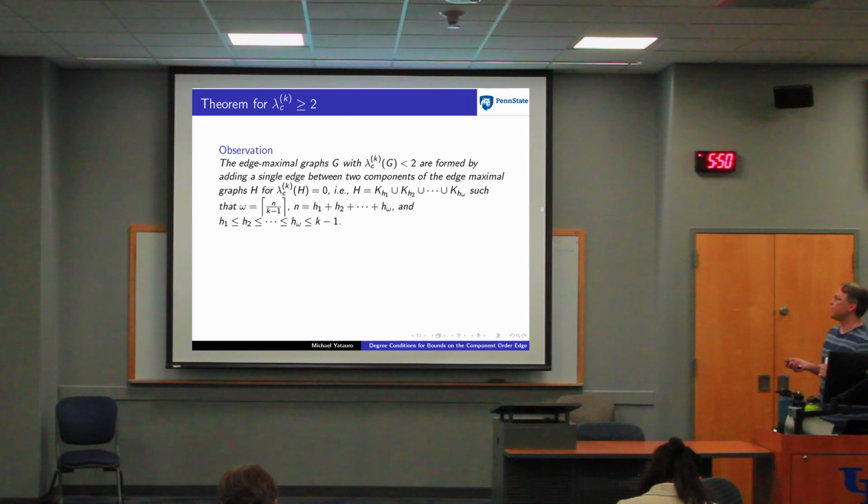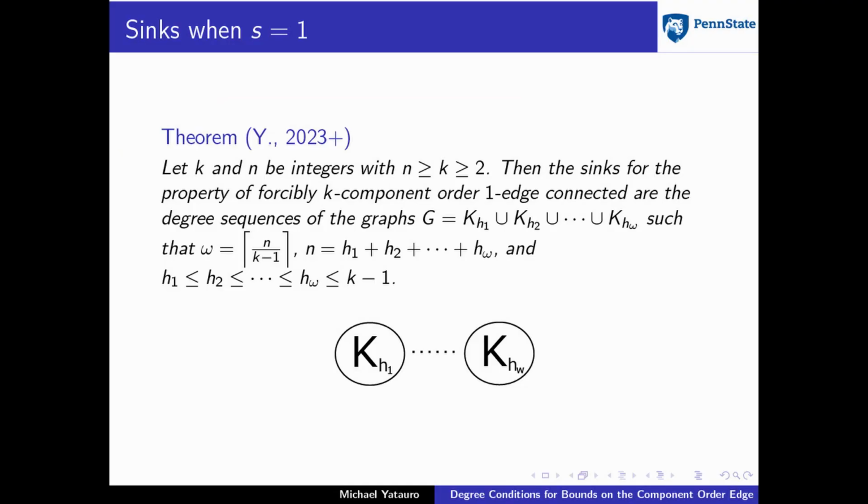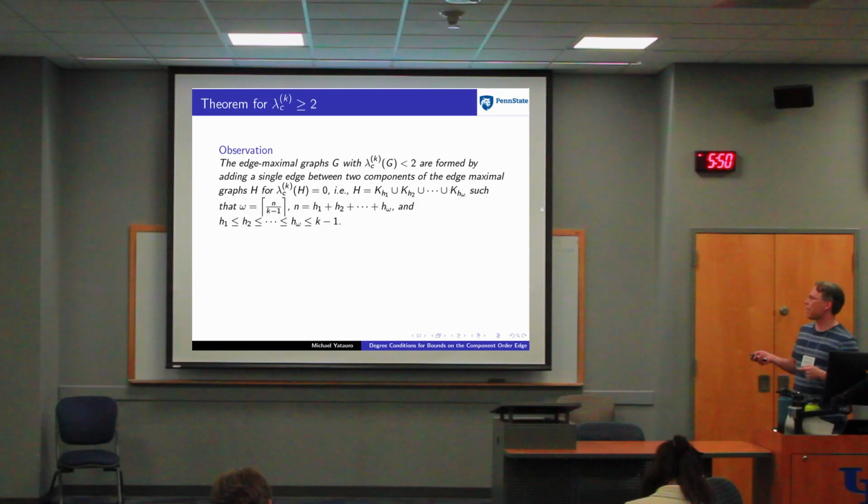So those would be the edge maximal graphs, where you add 1 edge to those graphs that are just separate connected graphs, or the separate complete graphs from here. Just add 1 edge between 2 of these components. Then you get edge maximal 1 edge connected, or k component order 1 edge connected.